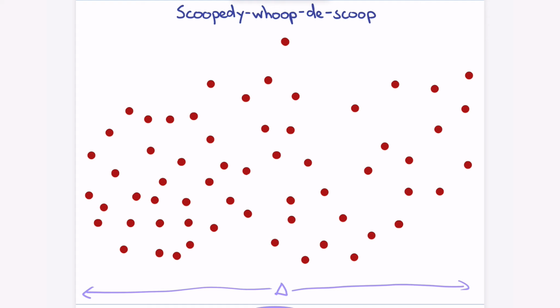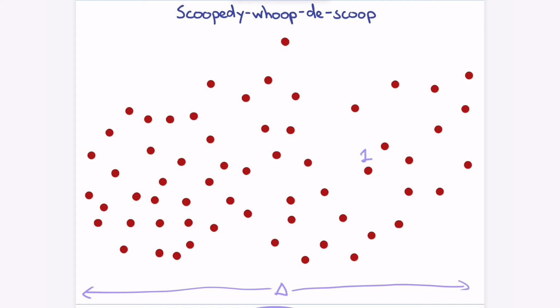So maybe the first point is like this one. And then you scoop out... Diameter is the furthest distance between any 2 points, and this will be some constant factor smaller, like delta over 4.